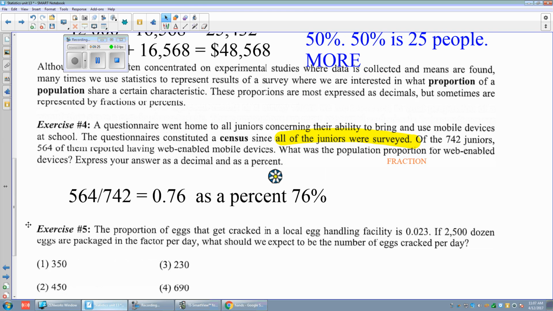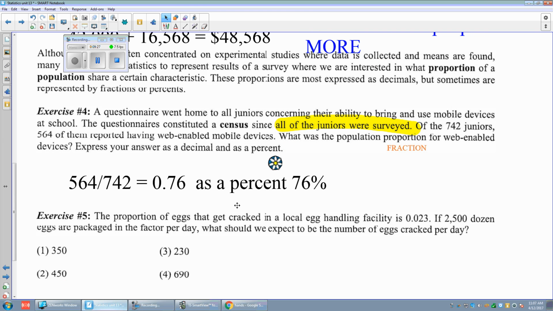76%. The proportion of eggs that get cracked in a local handling facility is, okay, the proportion, so that's a decimal. If 2,500 dozen eggs or packages in the factory per day, what would we expect the number of eggs?